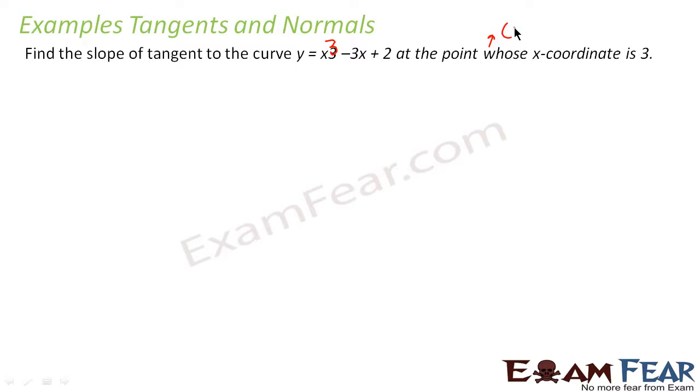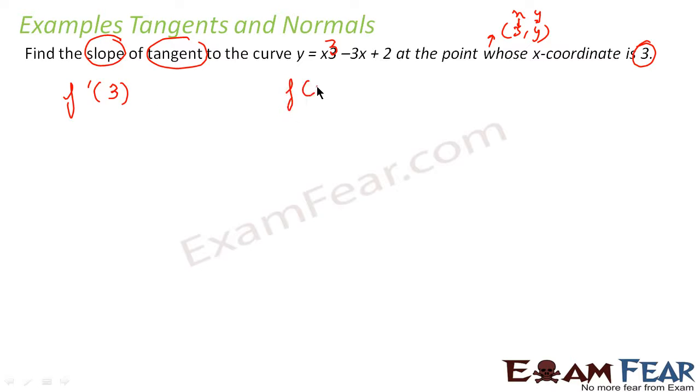That is, there is a point 3 comma y, because there is a point x y and x coordinate is 3, so y coordinate is not known. So there is a point 3 comma y, and at that point again we have to find slope of tangent, correct? Same thing here, slope of tangent is nothing but f dash of 3. Why? Because x0 is 3 here, correct? At this point we have to find the slope.